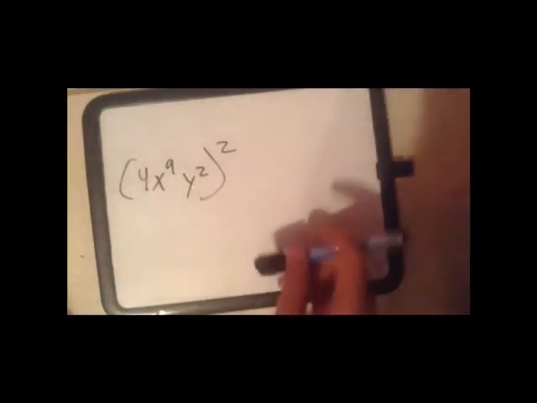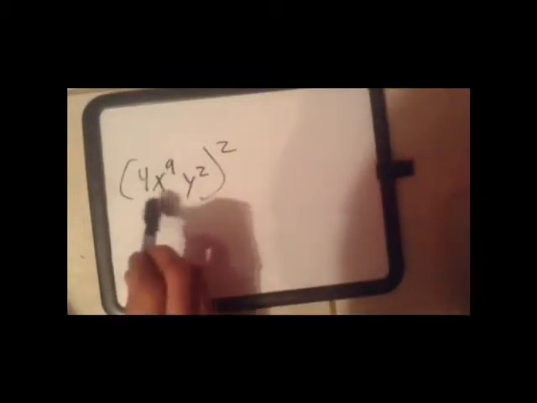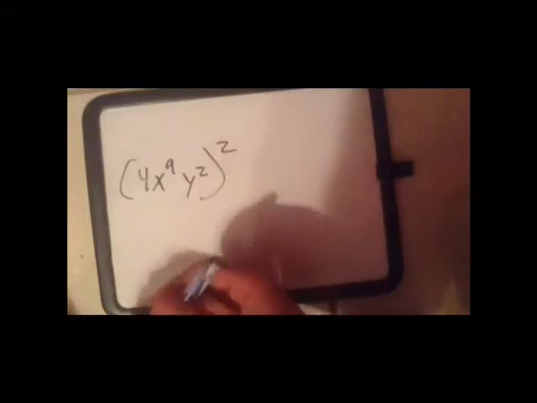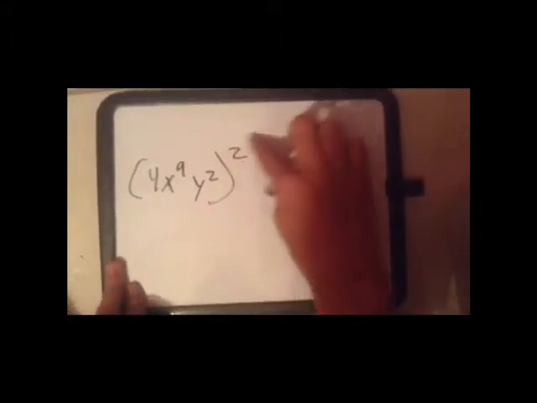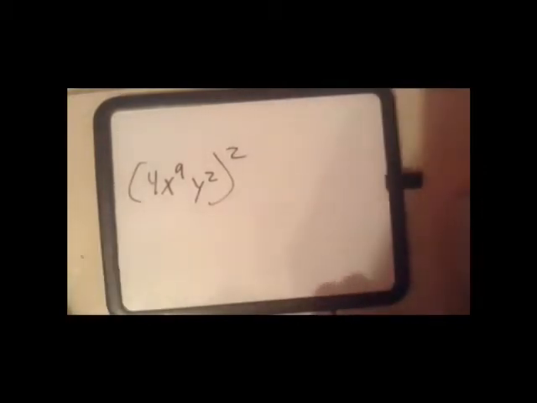Okay, so now it's not with the multiplication since the coefficients are not the same. So instead, we're going to worry about the outside exponent, this one right here. Sorry, don't worry about that, it's not part of the problem. Okay, so now we're going to use something called the distributive property.